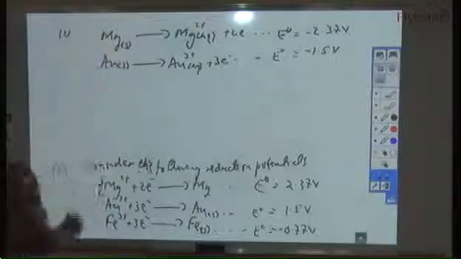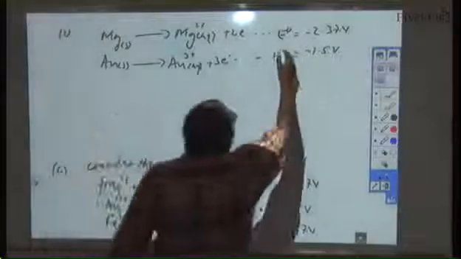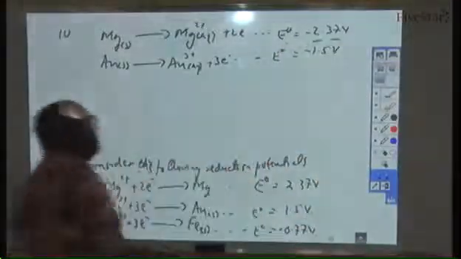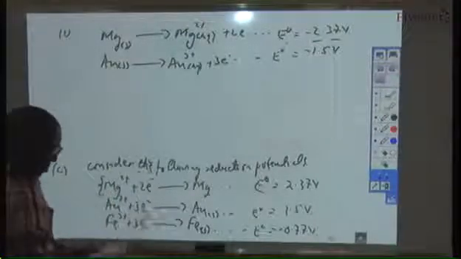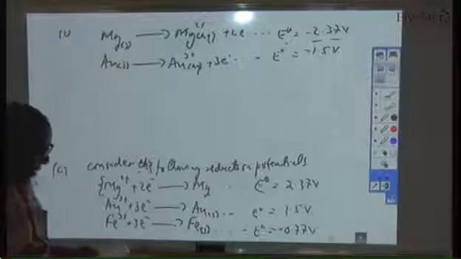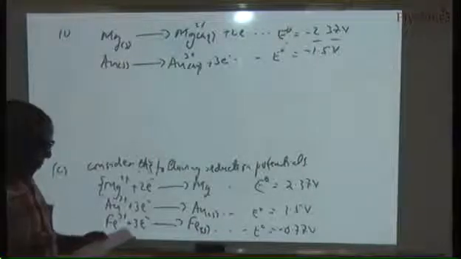So between magnesium and gold, it is this one which possesses a more negative potential. Therefore, magnesium is a proper one to be used as a protector of iron.